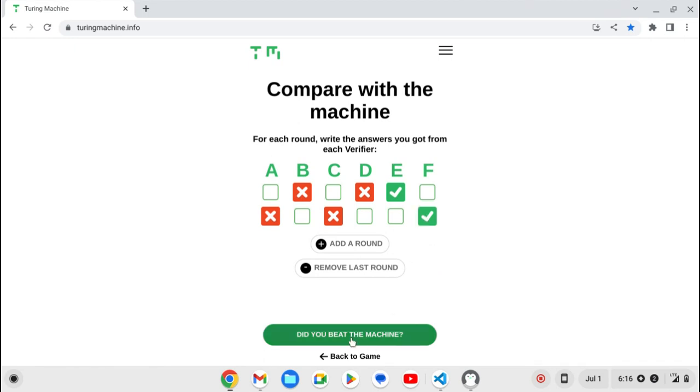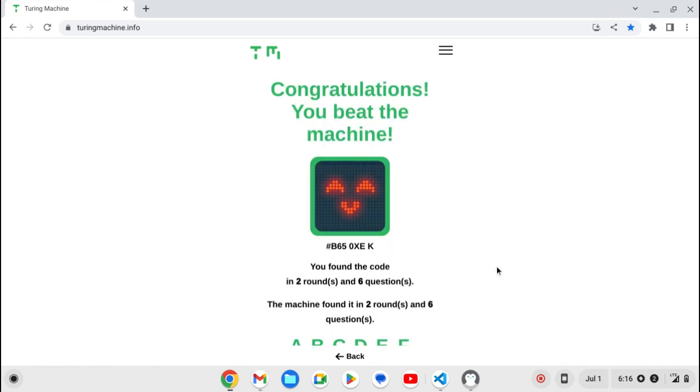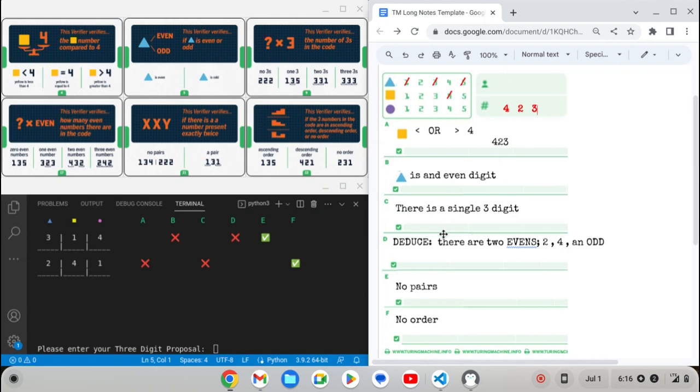So let's go ahead and query the Turing machine. As expected, yes, we definitely tied with it, but that's a win. So a very interesting puzzle, to say the least. But nonetheless, it went very well.